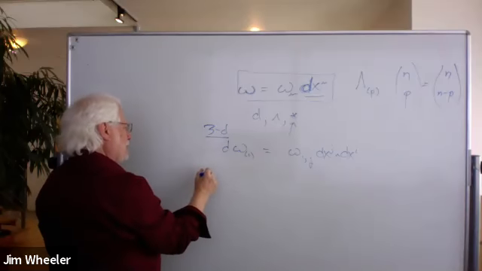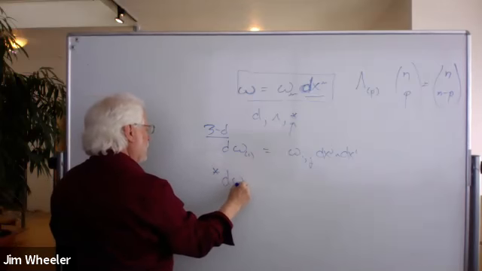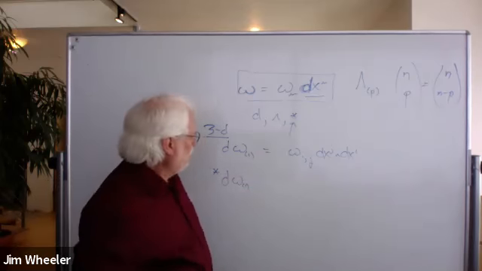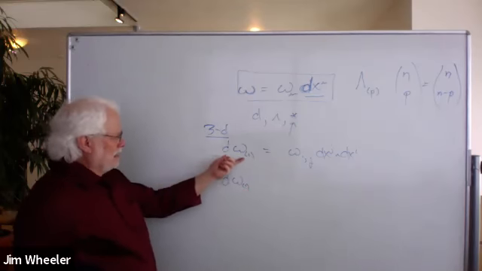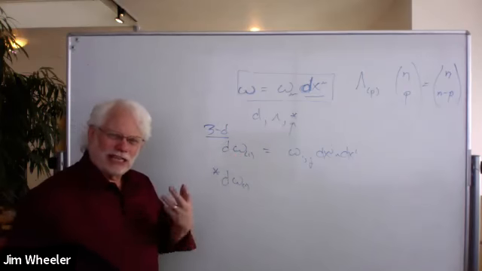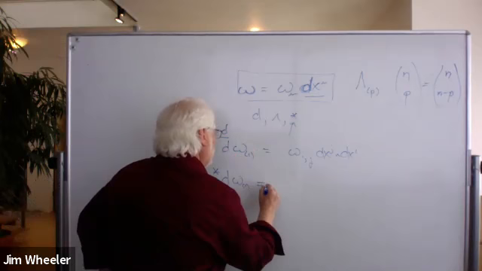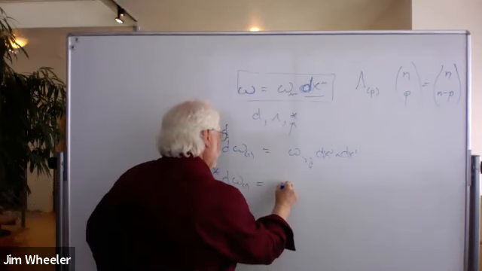What I can do, though, is take the Hodge dual of d omega 1. That's going to be a 1 form, because the Hodge dual takes a 2 form to an n minus 2 form, and in 3 dimensions, that's a 1 form. So what is this? Well, okay, so here's the rule.